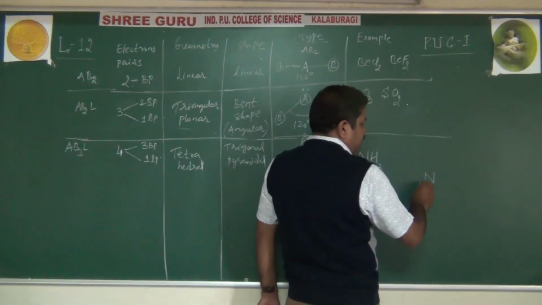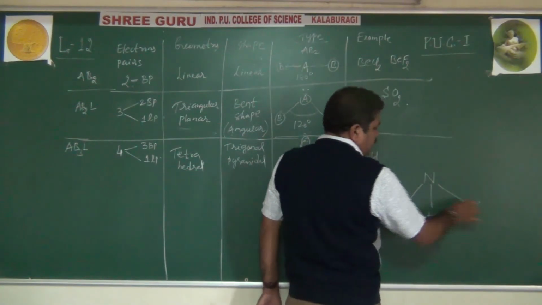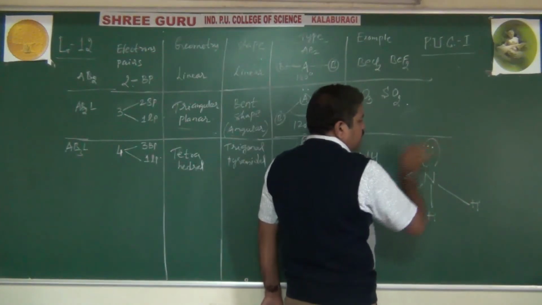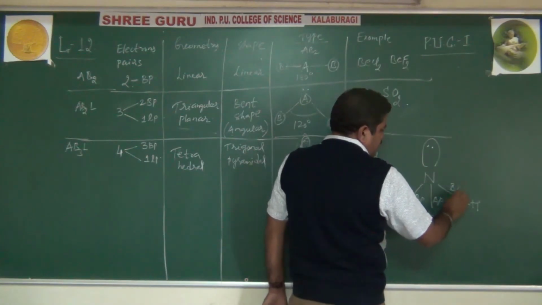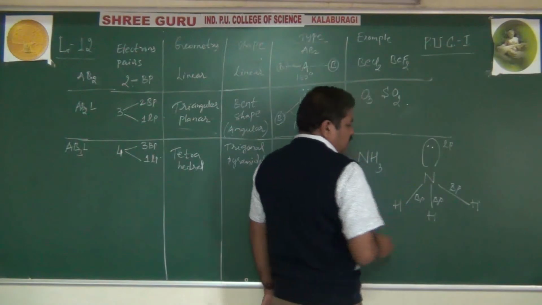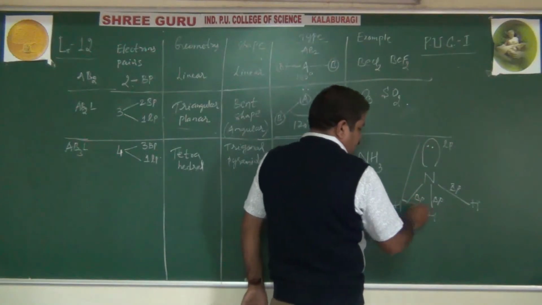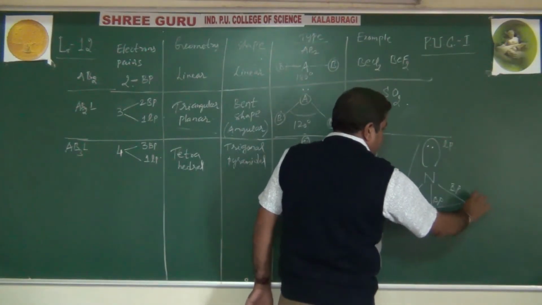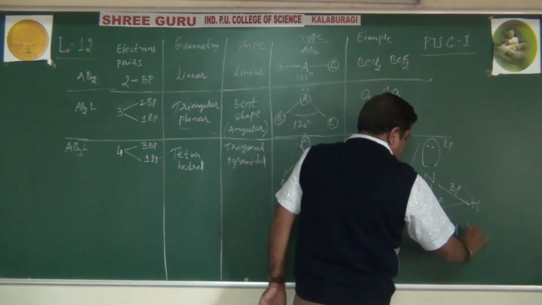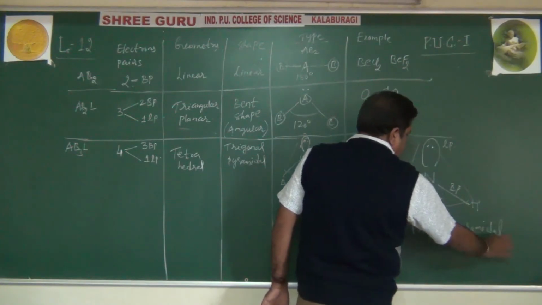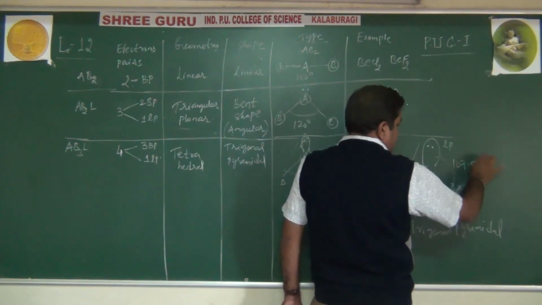I will show here 1, 2, 3 bonding pairs out of 4 and 1 lone pair on N. Due to the lone pair and bond pairs, they move as far as possible apart, making a trigonal pyramidal shape, not tetrahedral. The bond angle is deviated to 107.5.